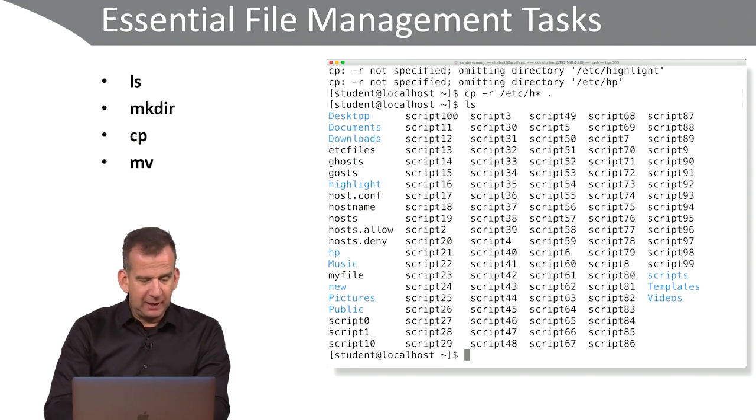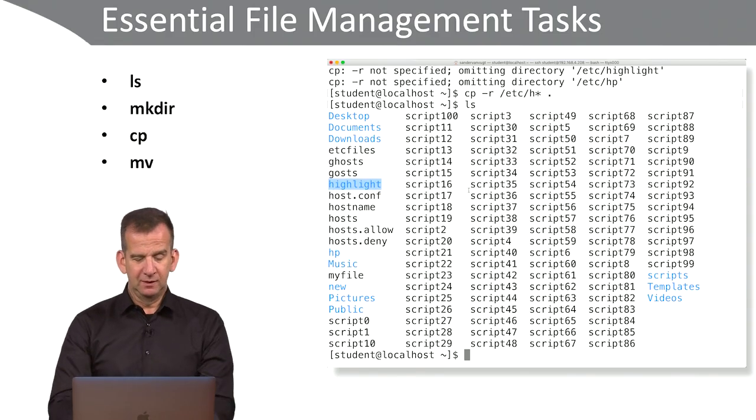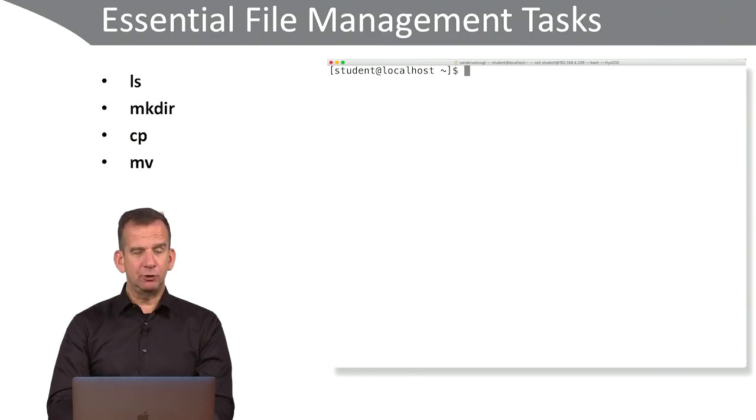Let's verify, and we can see that a few files with names starting with an H are now existing in this directory. Then there is mv. mv is for move. So this is very convenient if you have files in the current directory and you want to put them somewhere else. Like this example.